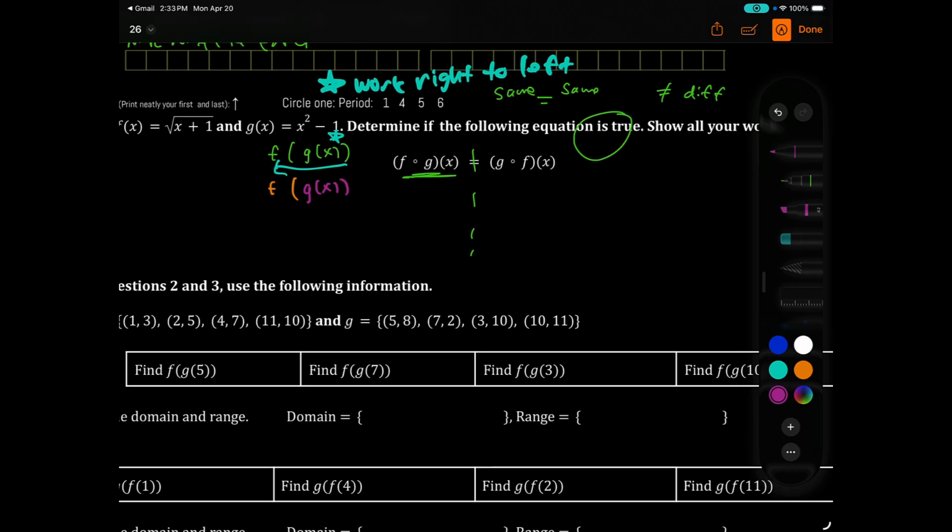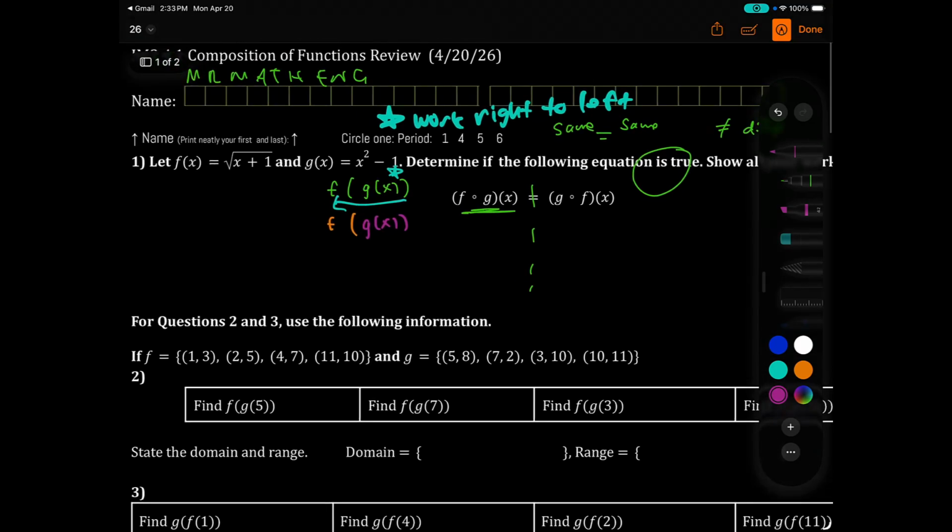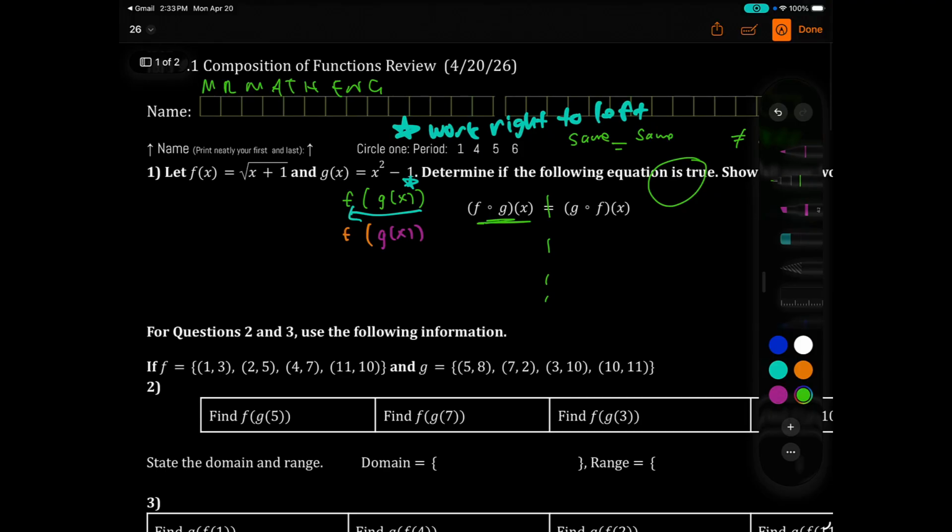That just means you need to find g of x first. Well, you're putting g into f. So I'm going to write out f. And that means for every time that you see the x values, you're going to fill it in with g, which is x squared minus 1.